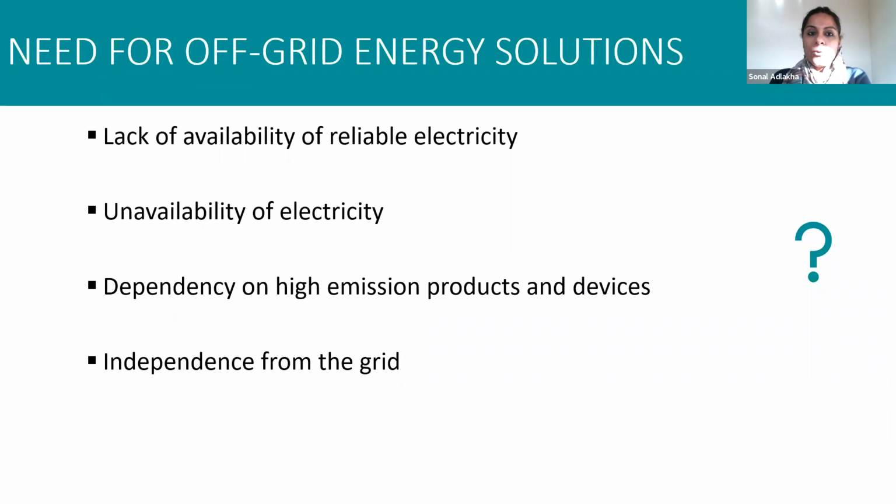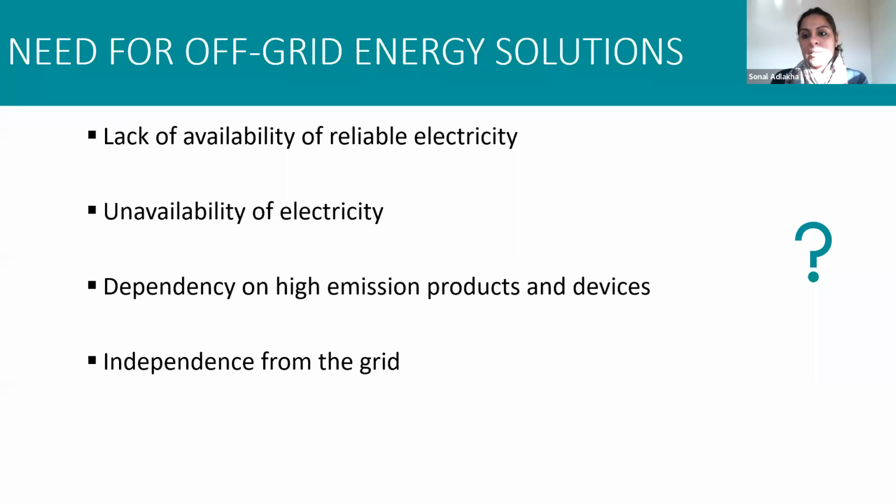Okay, now coming to the need for off-grid solutions. Off-grid solutions, as you may know, are solutions placed in areas where there is no direct grid connectivity. So people are deprived of electricity, or they have electricity which is not very consistent and is erratic. Those are the areas where we need such solutions.